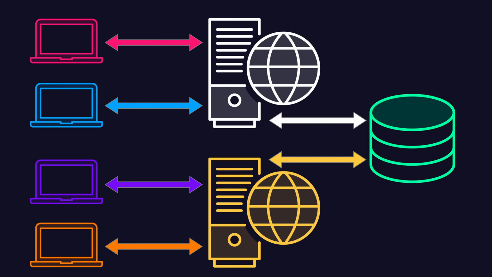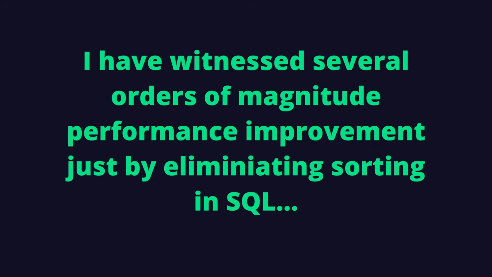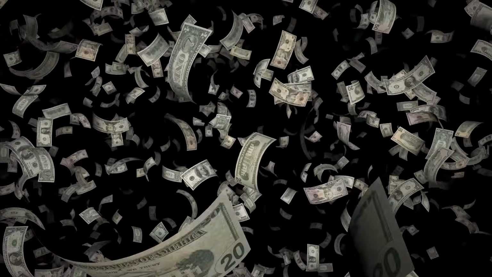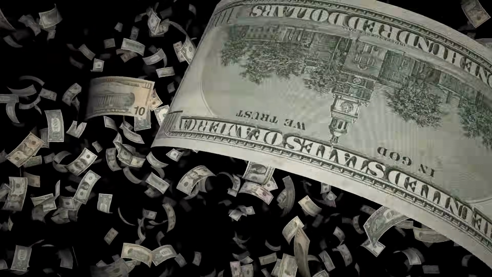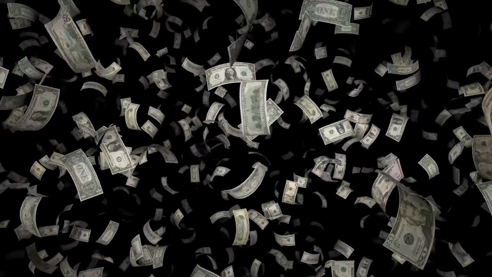I've helped applications achieve performance improvements of two orders of magnitude simply by removing order by from their SQL queries and implementing sorting in the correct application tier. That gain alone often justifies the entire, yet significant, development effort many times over.